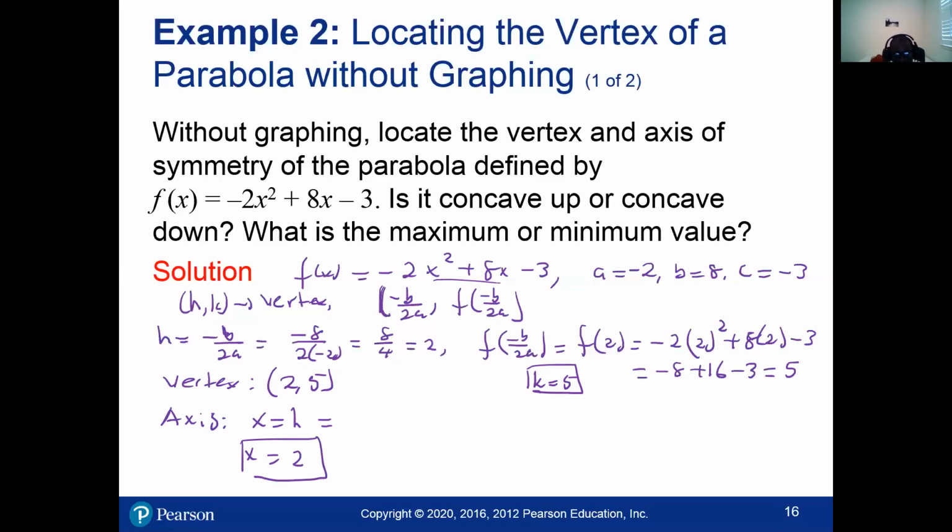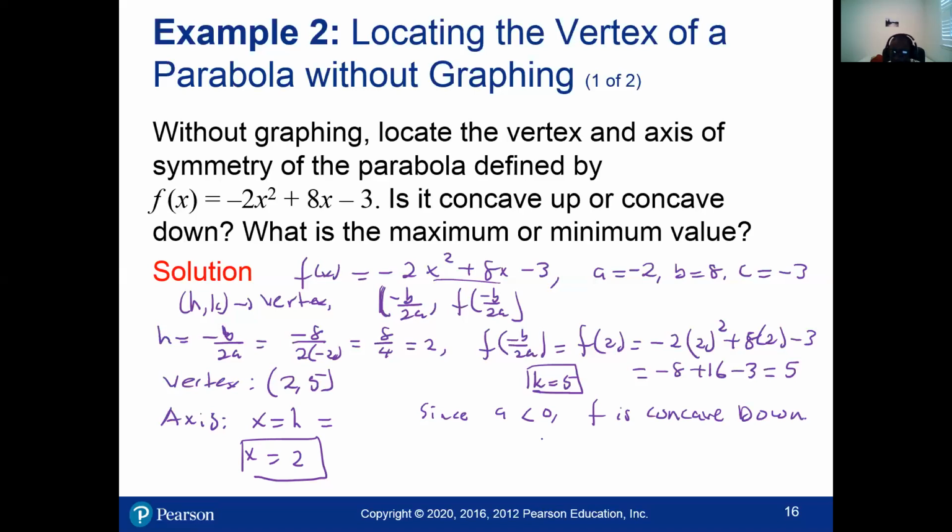Okay, is it concave up or concave down? It depends on a. Since a is negative, less than 0, f is concave down.